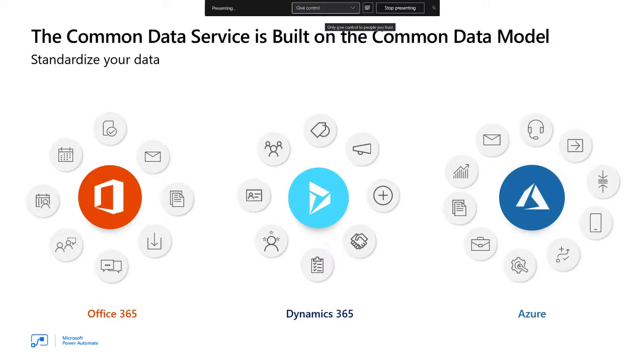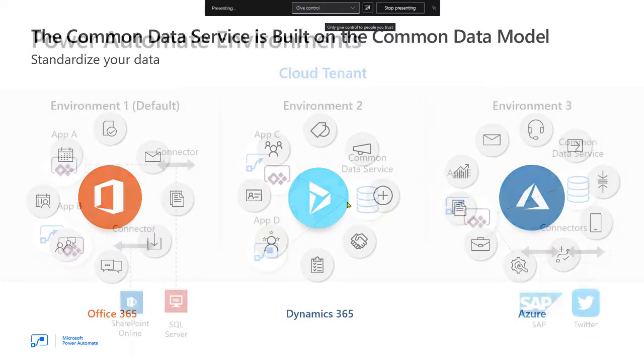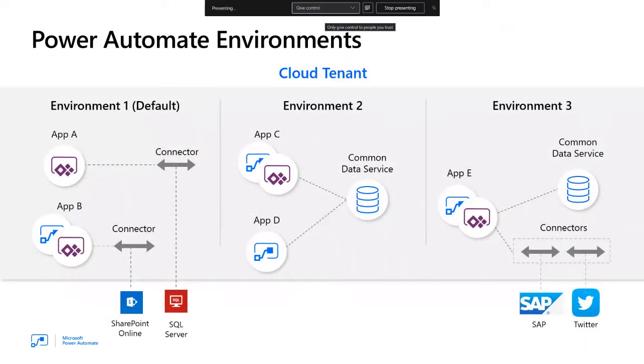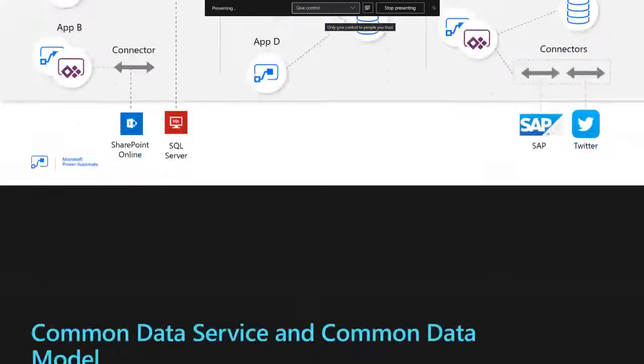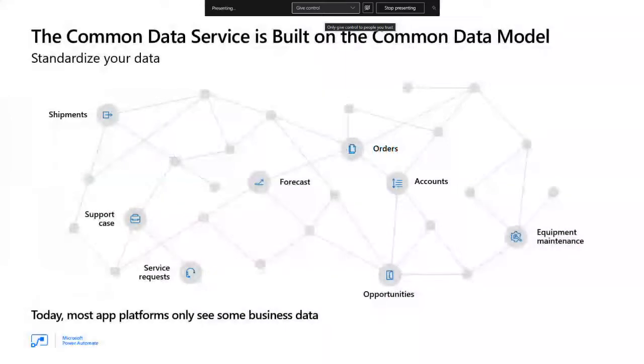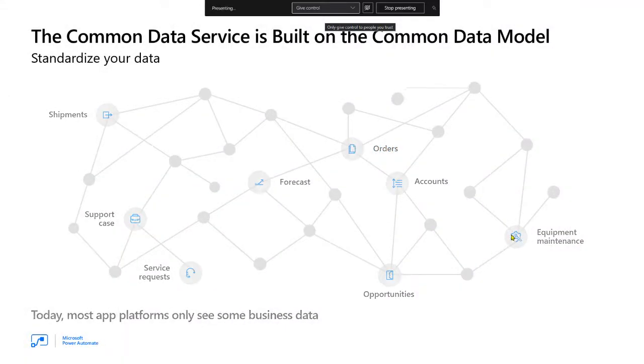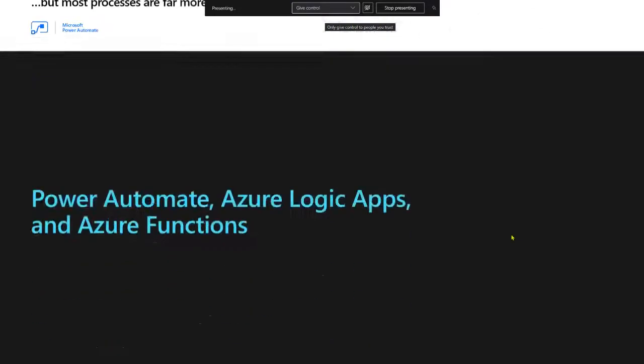You have seamless integration of not just the flows, but the common data model across your organization. So if we refer to a meeting in Office 365, it's the same meeting in Dynamics, in Azure, and in your Power Automate. That's the beauty of the common data model. I don't want to go into detail on that, but essentially, it's streamlining the data points across your entire organization.